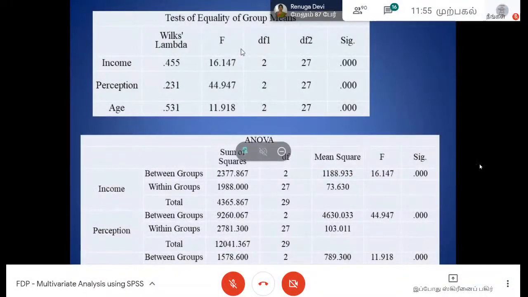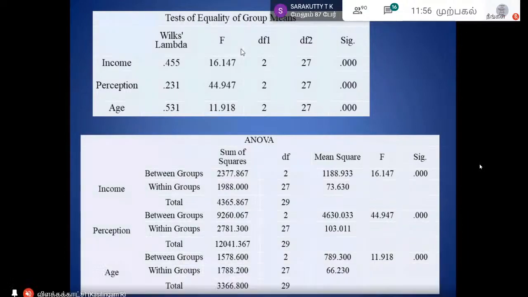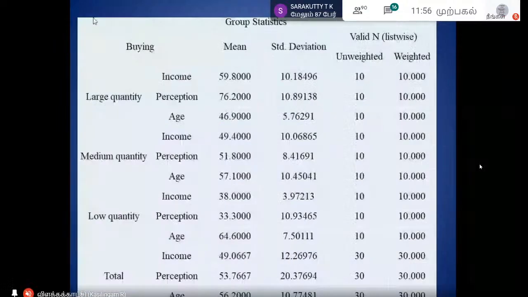Now this is the mean. Now see the mean in each of the three variables, for large quantity and medium quantity. So there is a difference in the large quantity. Income is 59, medium quantity is 51, low quantity income is 38. There is a difference.